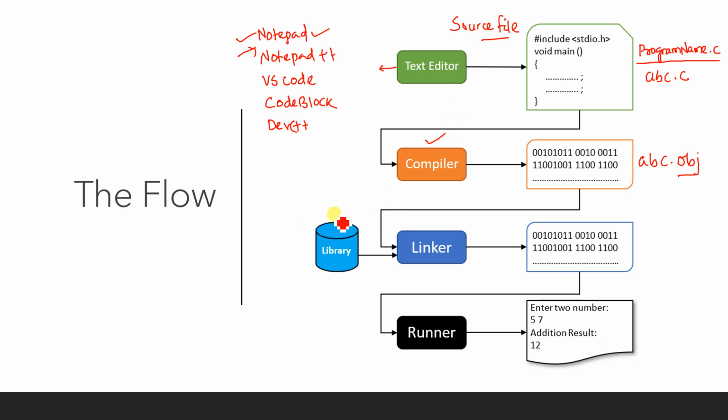Library routines means the library functions which are pre-built, which are already there in the computer after installation of the compiler. Whenever you use something from the library, you need to link it properly with your program code, so you need to add this library to your program.